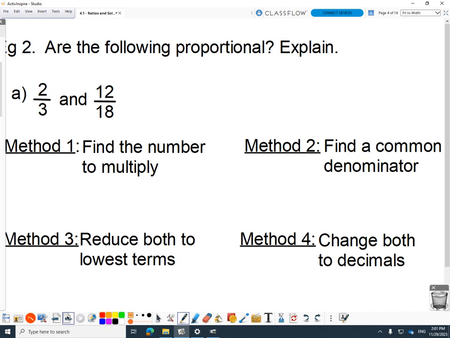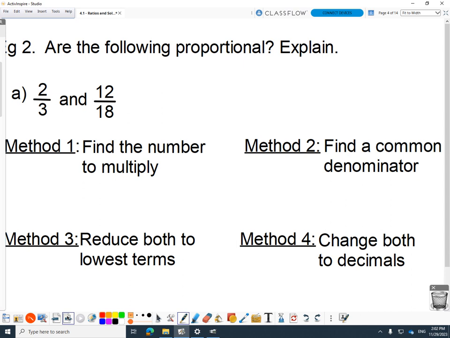And I'm not trying to do a sales pitch for any method. So if it seems like I like one over another, I don't. It depends on what you're doing, which method you might like. Okay? So method 1 is find the number to multiply by. Now listen, the numbers in this chapter will eventually get too big or too difficult. So if you can figure out the multiplier by looking at 2 and 12 and you know what the multiplier is, then I'm proud of you, but you better listen to what I say next.